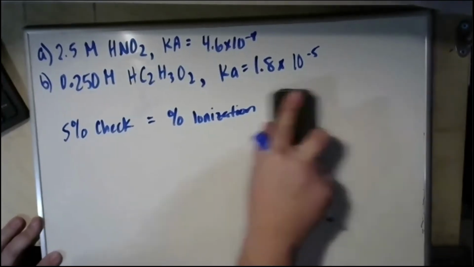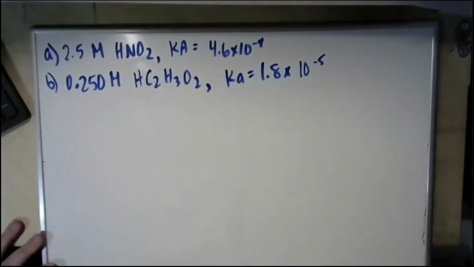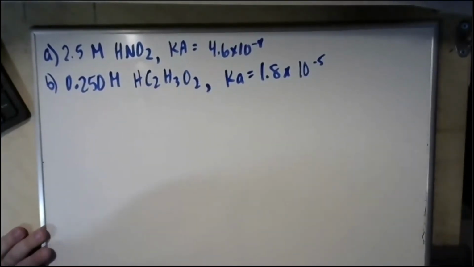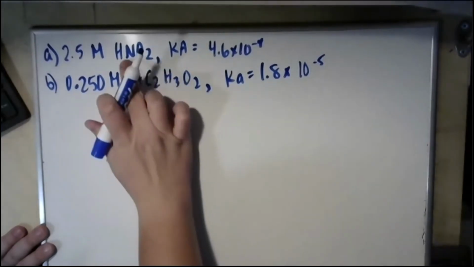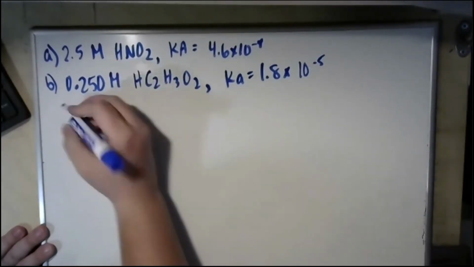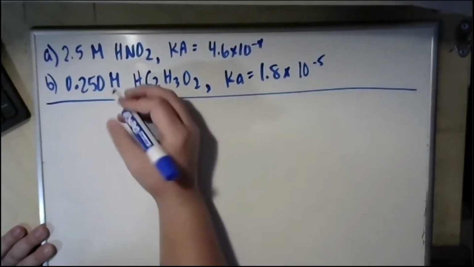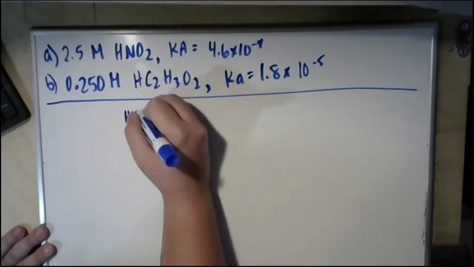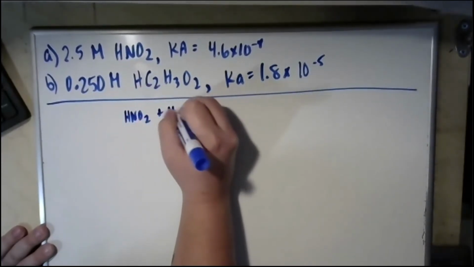But first things first, we are going to start with the same steps as before. So we want to write out an equation that shows our weak acid reacting with water.